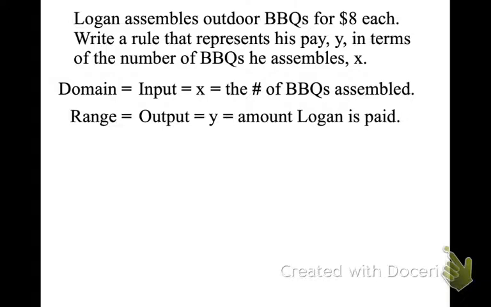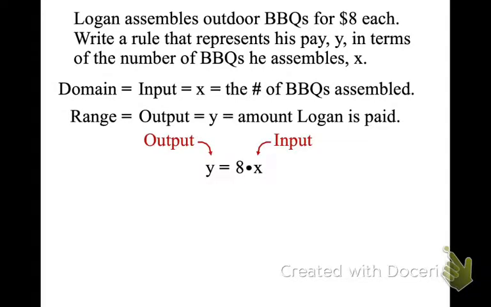So we can say his pay is equal to the number of barbecues, and let's say it's one barbecue, he gets $8, so it's 8 times the number of barbecues. So we can call that y equals 8x, where my input is the x and my output is the y.